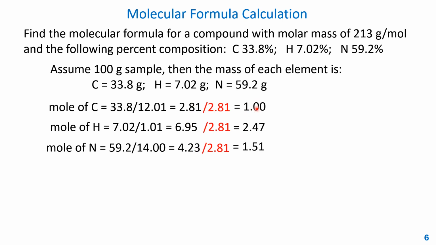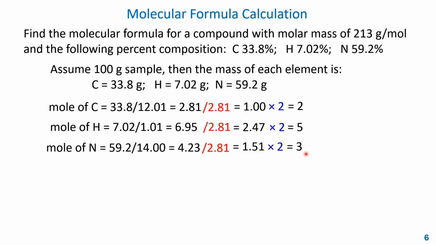So you get 1, this will be 2.47, and this will be 1.51. And you need to convert these to whole numbers. It seems like the multiple is 2, because you can convert 2.47 to 5, and 1.5 times 2 is 3.